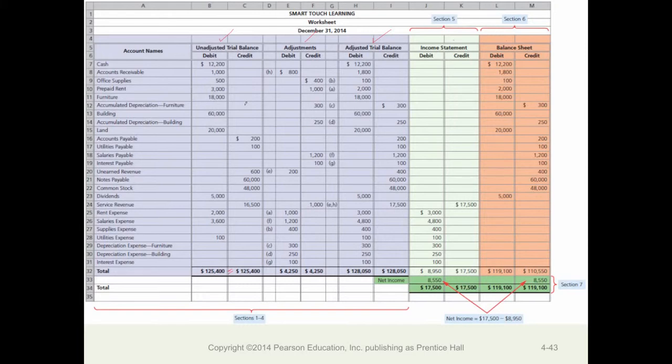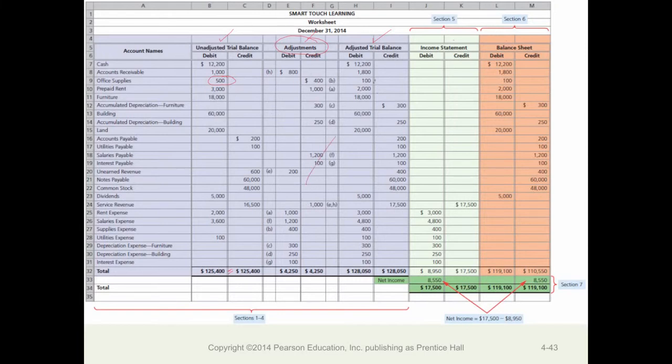And then we enter the adjustments right on the adjustment column. And remember, at this point, nothing's been journalized, nothing's been posted. And again, our example that we've had before is that office supplies were $500.